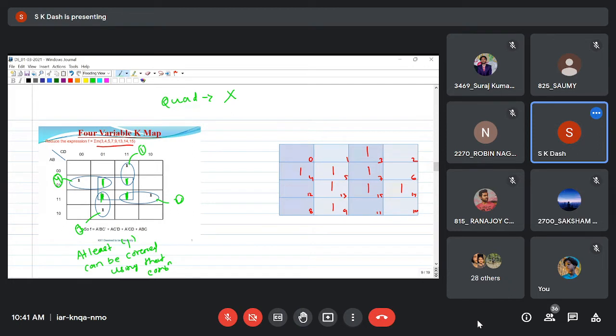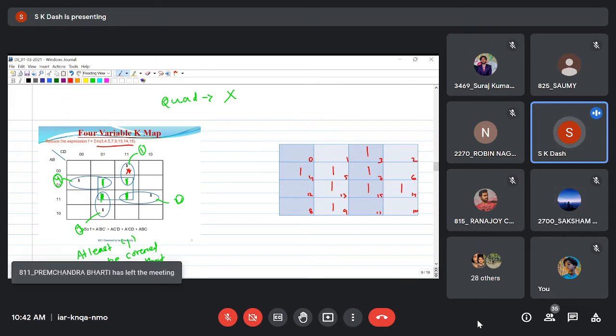Now check these pairs. Are these pairs essential? Pair number 1, is it essential? Yes, sir. Why? Because of this one, at the star mark. It can be covered only using pair number 1. There is no other way, so it becomes essential.